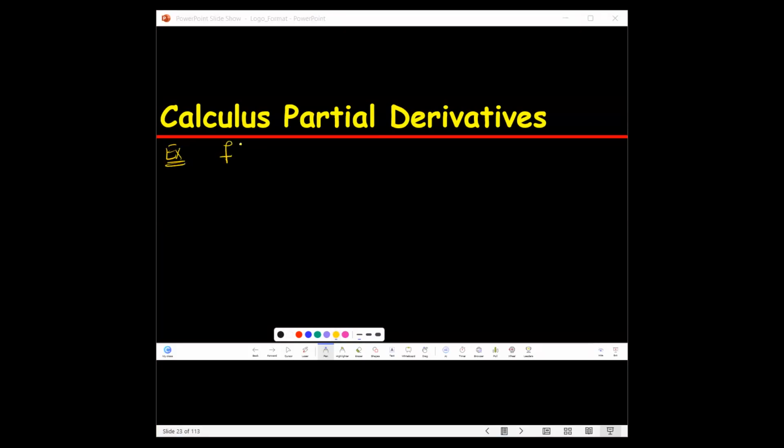Let's take a look at another problem to elaborate more. I have a function f of x, y equals x times exponential x squared y. That is my function.